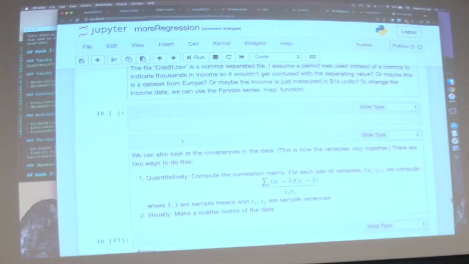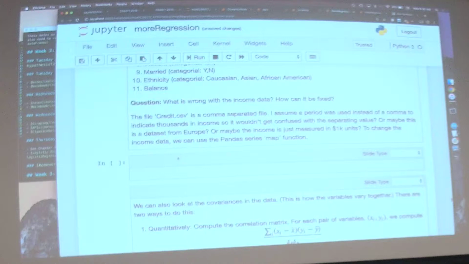Okay? So we can do that with map, and for each one of these, we want to multiply by 1,000.